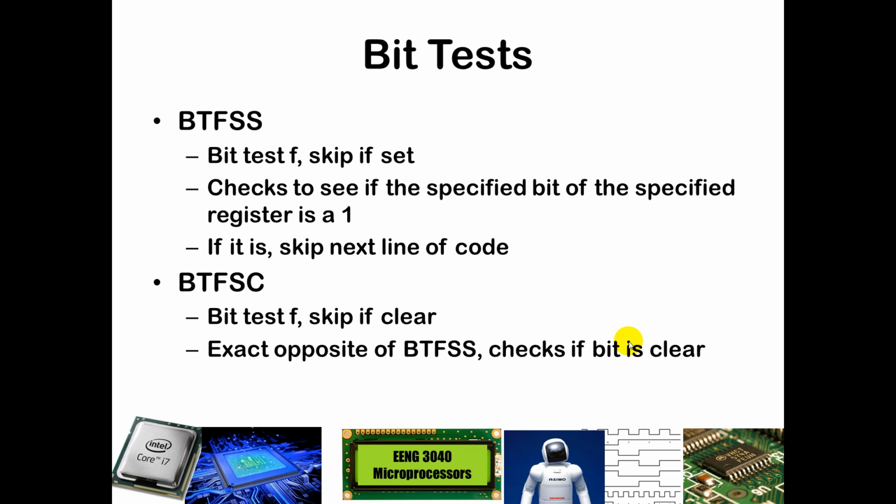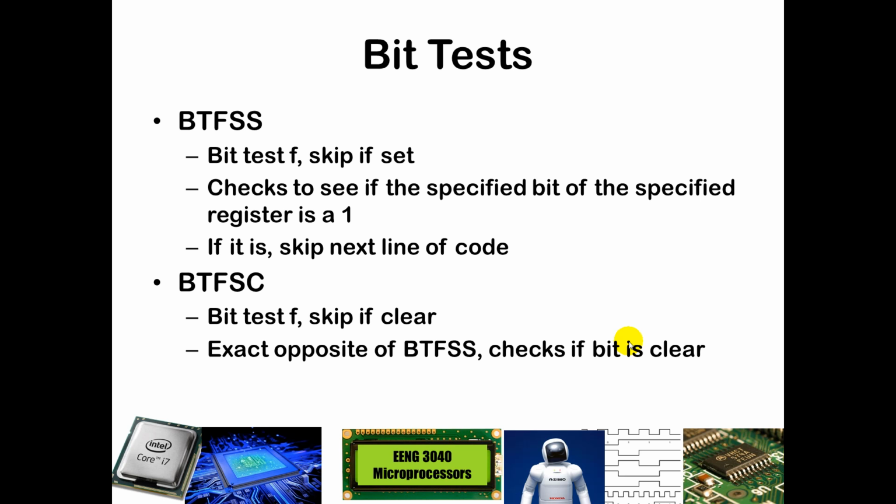So what that means is you're testing in a particular register one particular bit, and if that bit happens to be a 1 currently, what you're going to do is skip exactly one line of code and go on to the next line of code. If that particular bit happens to be a 0, you will not skip the next line and simply flow on down through. The exact opposite command of that is BTFSC, which is bit test F skipping if clear.